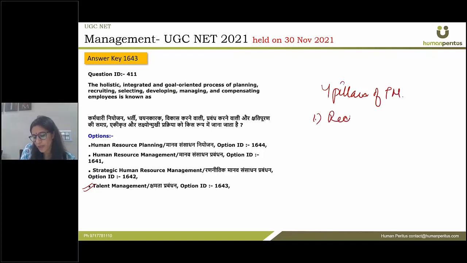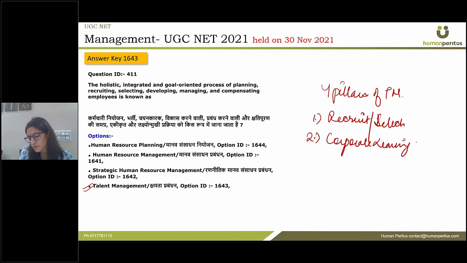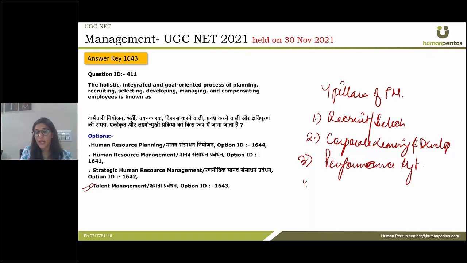First one is recruitment and selection. Second is corporate learning and development. Third one is performance management. And the last one is compensation management.